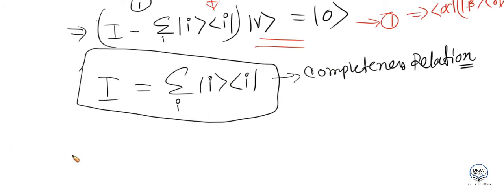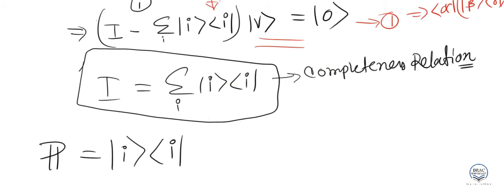So we are calling the projection operators just |i><i|. If you have i equals 1, one of the projection operators could be just i equals 1 like this, let's say P1. So this is one of the projections. And if you add all the projections, then you should get the identity operation.